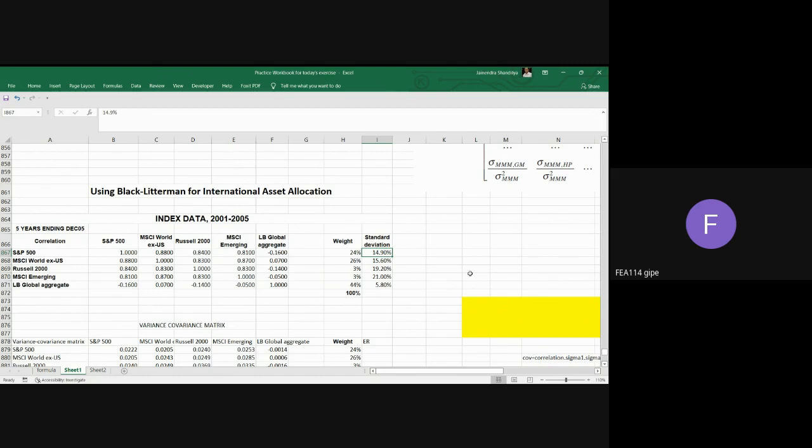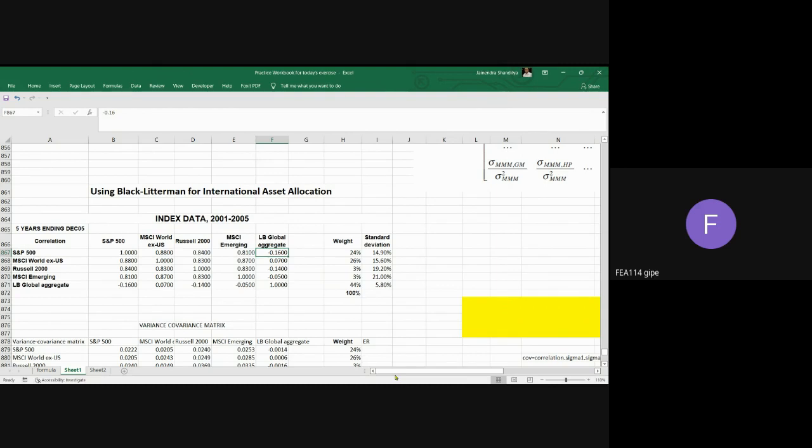Here you are given the correlation of S&P 500 with itself, which is 1, with MSCI 0.88, with Russell 2000 0.84, with MSCI Emerging 0.81, but minus 0.16 with the Lehman Brothers Global Aggregate Bond Fund Index.